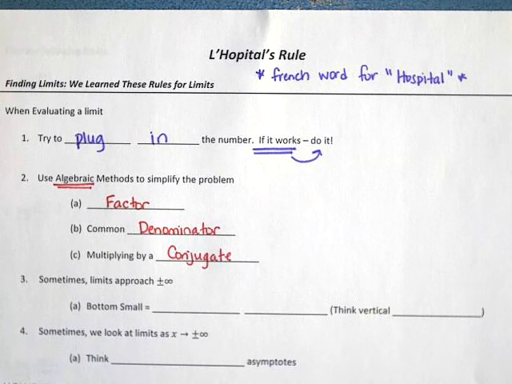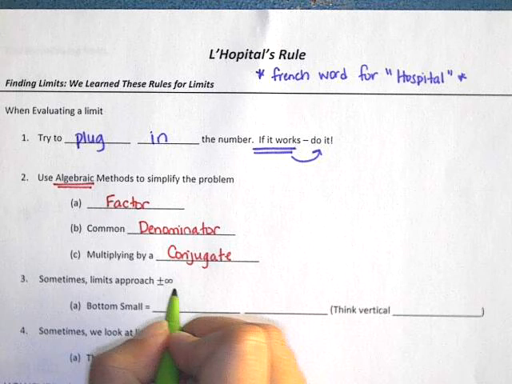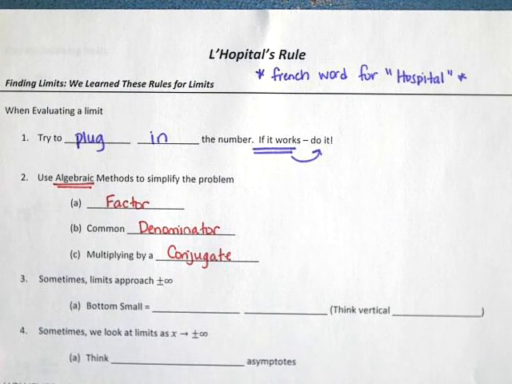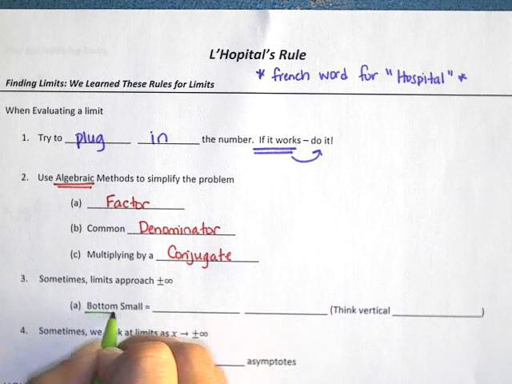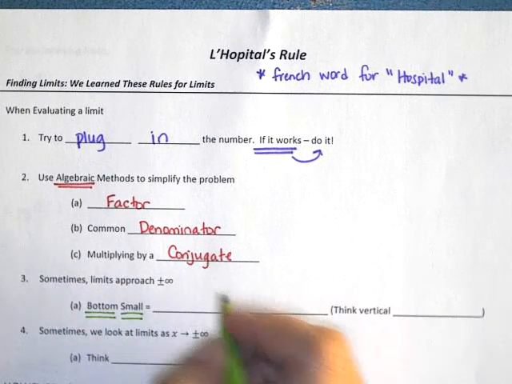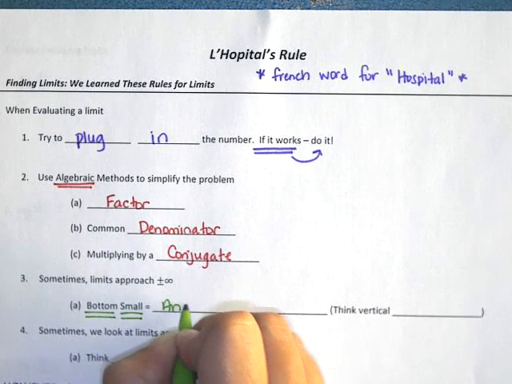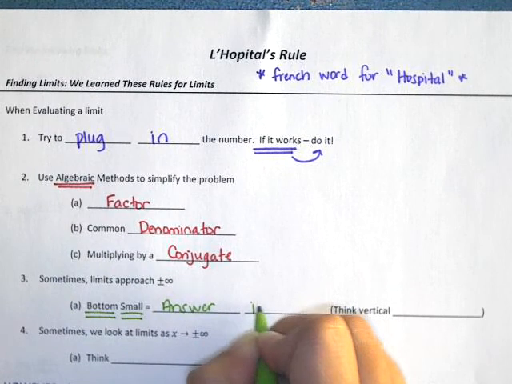Sometimes, however, that's not an option. Sometimes limits approach positive or negative infinity. If the bottom of your fraction is very small, then your answer is very big.